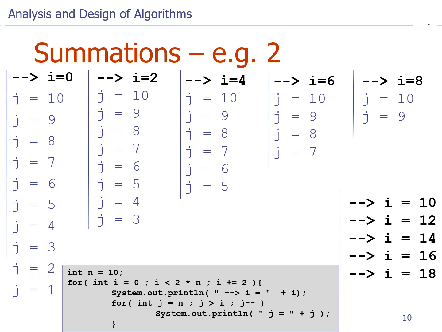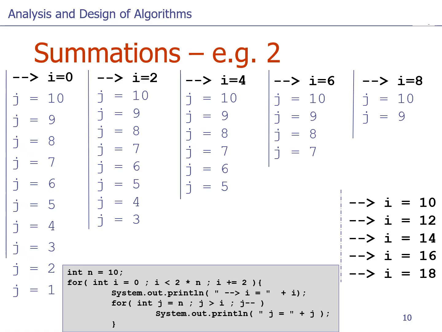Now, the next time we run this for loop, we're going to increment I by 2, so I is going to become 2, so j will run from 10 to 3, and then in the third iteration, from 10 to 5, because we made I 4, and then j will run from 10 to 7, and then 10 to 9, and then j disappears.